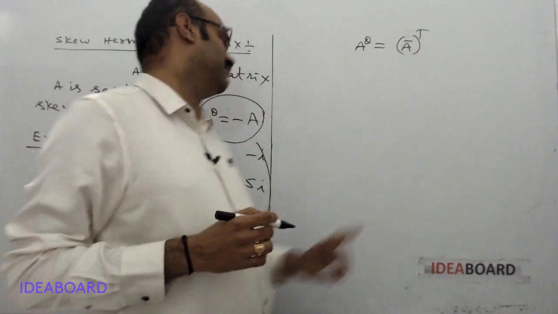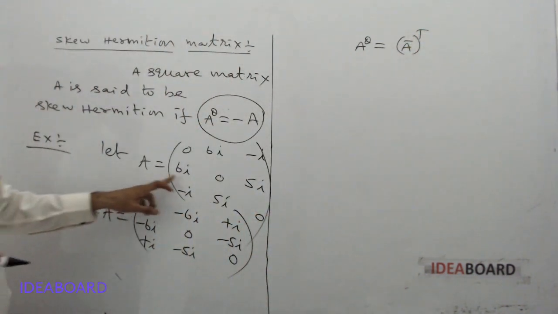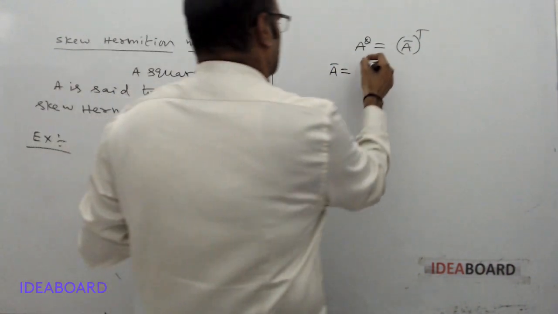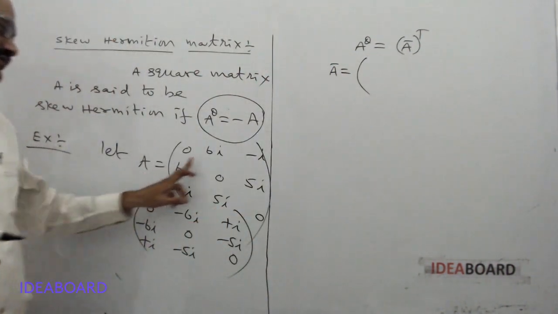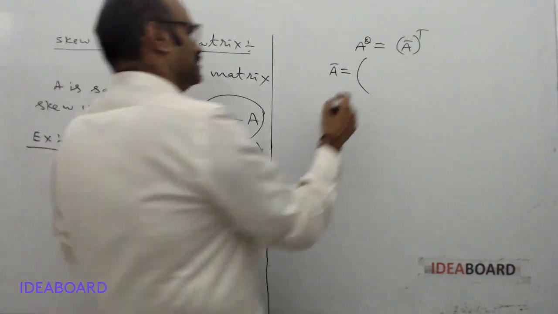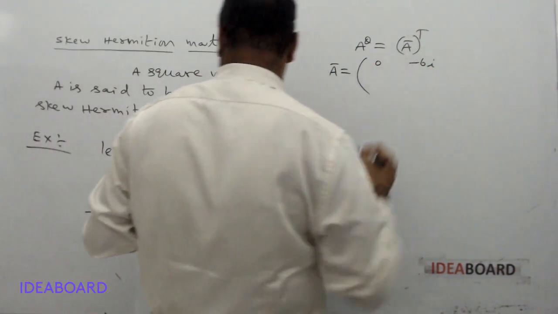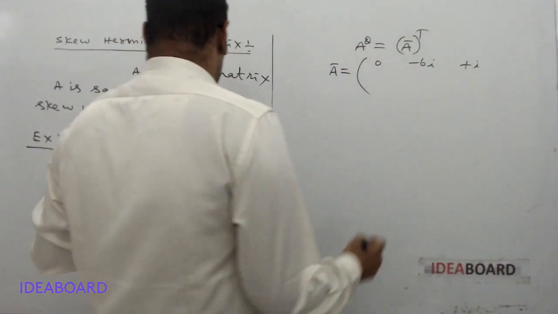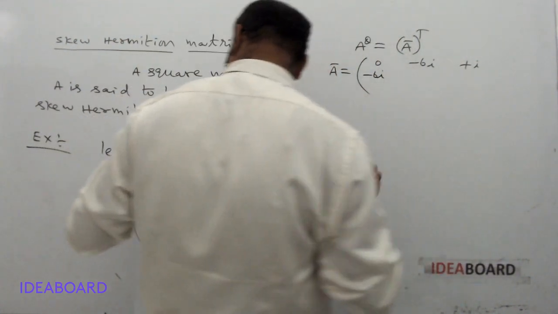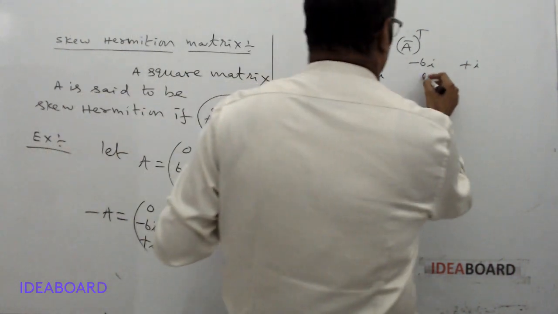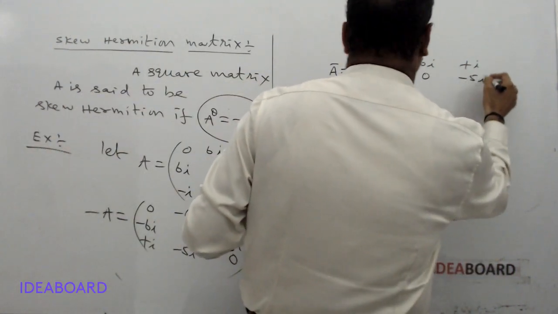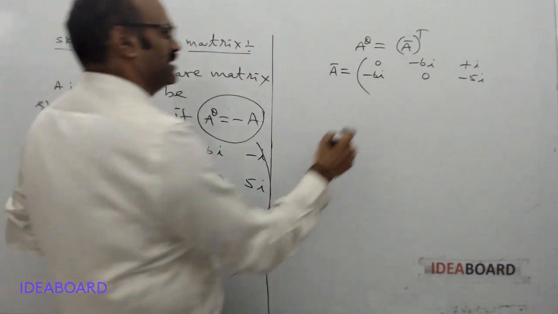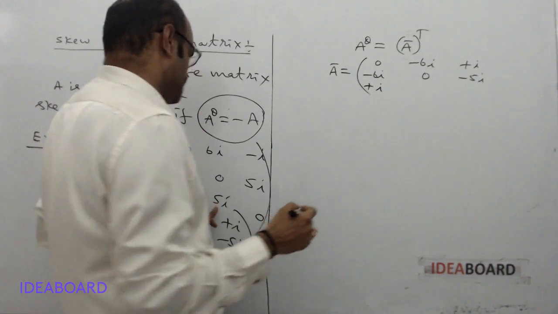the transpose conjugate of A. First let me find A bar here. A bar equal to the conjugate of the matrix [0, minus 6i, plus i; minus 6i, 0, minus 5i; ...]. Here we have minus i, so the conjugate of minus i equal to plus i.